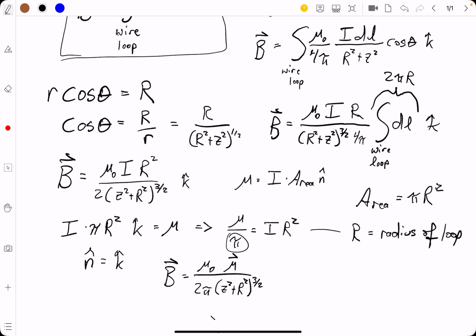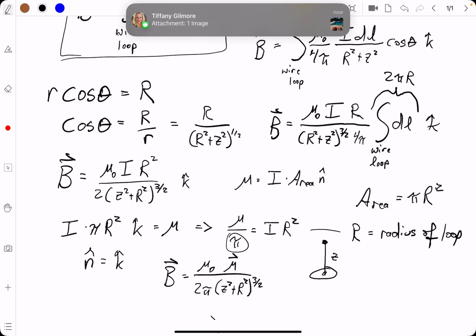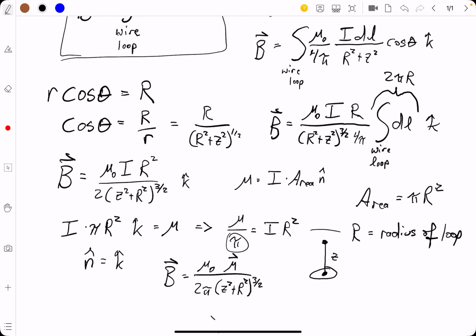Now, we can do z equals 0 to find B exactly in the middle of the loop. Okay, so I'm going to draw our loop. Here's our z direction. So here's z. And basically what I'm saying is z equals 0, and that is the middle of the loop.